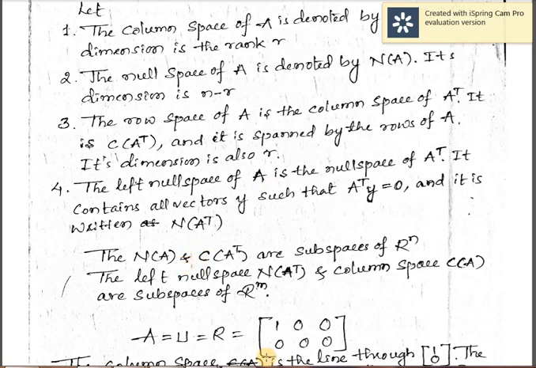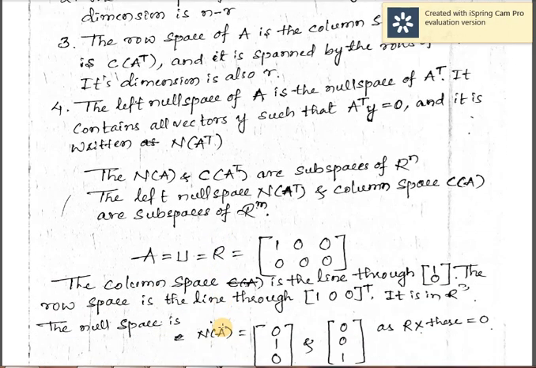Let's take an example where A is equal to U, which is also the reduced matrix R, which is 1, 0, 0 and 0, 0, 0. Here it's clear that 1, 0, 0 is a non-zero row, and the second is a row of zeros.